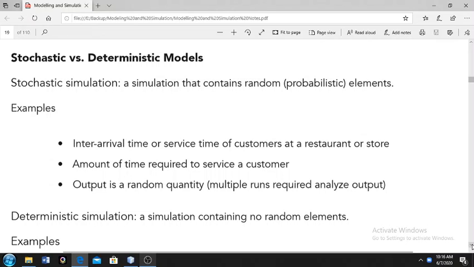So it is not something you can really quantify exactly. Inter-arrival time or service time of customers at a restaurant. So sometimes you go to a restaurant, for example, and sometimes it takes longer, and sometimes it takes shorter.